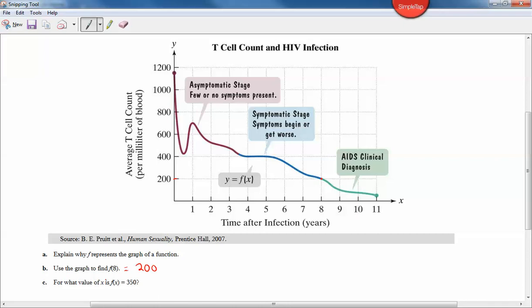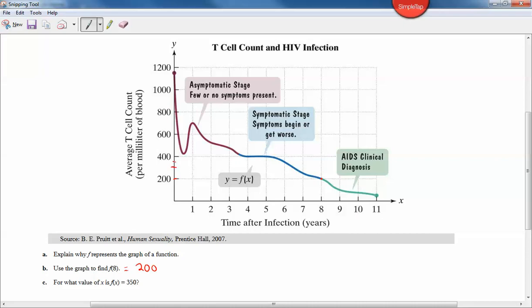Alright, you could also figure out X if you have the answer. So this is like you have the Y. What would the X be? So for 350, if that's 200 and that's 400, halfway between would be 300.